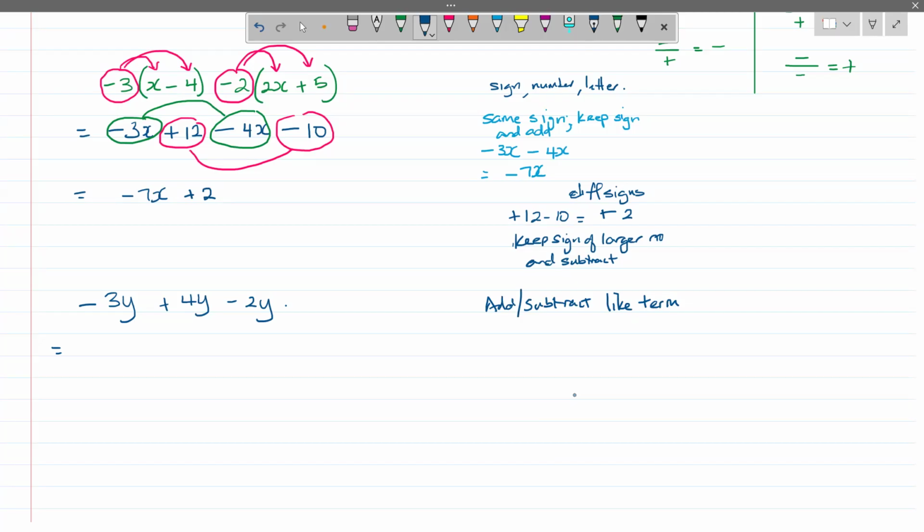Now, when we have three terms like this, the best way to approach this is to add in pairs, starting from your left and going across to your right, just like how we would read from left to right. So we're working it out in pairs. So I have negative 3y plus 4y. This is different signs.